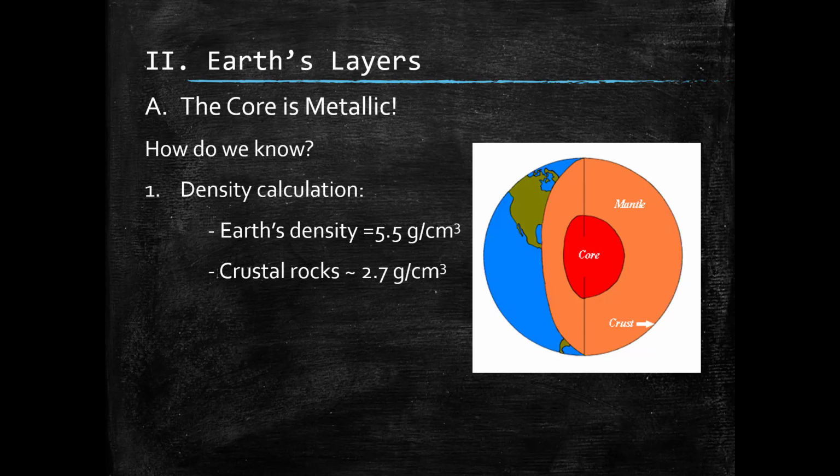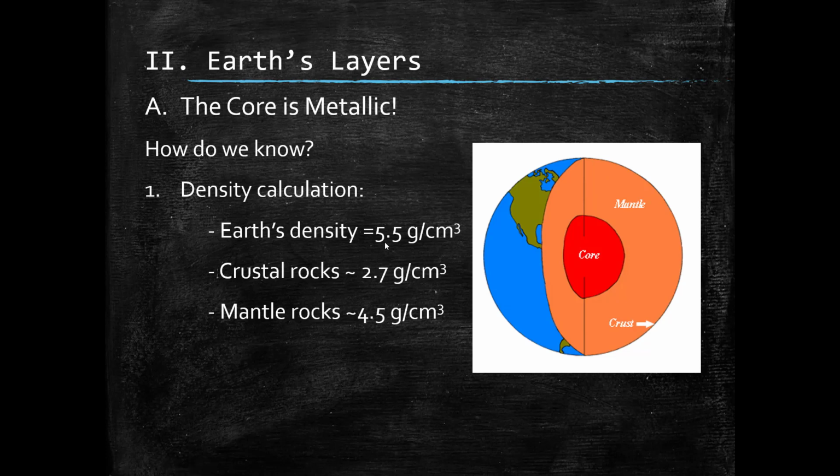We also have some locations where mantle rocks have been brought up to the surface into the crust, and we have evidence of mantle rocks. And we can measure that. On average, mantle rocks have a density of 4.5 grams per cubic centimeter. Again, nowhere close to this 5.5 grams per cubic centimeter.